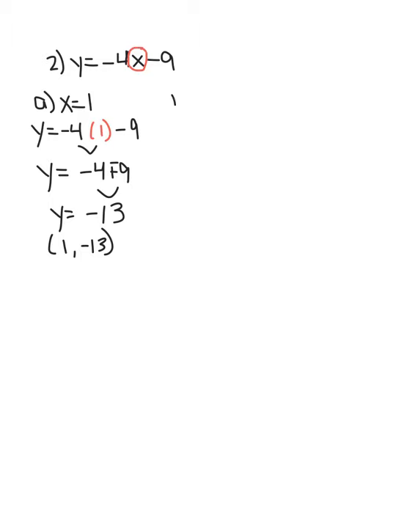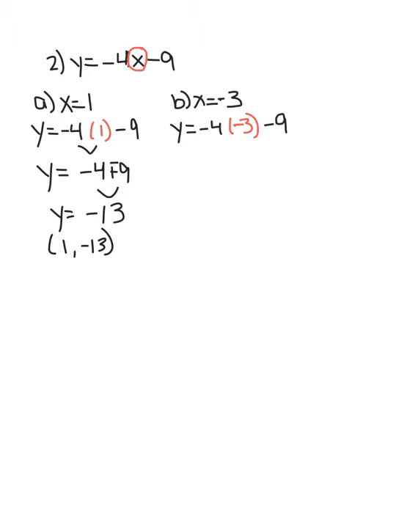All right, let's do B. Let's do x is -3 this time. Right, so I have y equals -4 times -3. I like to use the parentheses for this times, especially with negative numbers, so we don't accidentally think it's subtraction, minus 9. There's a lot of negative signs there, so we need to be careful.